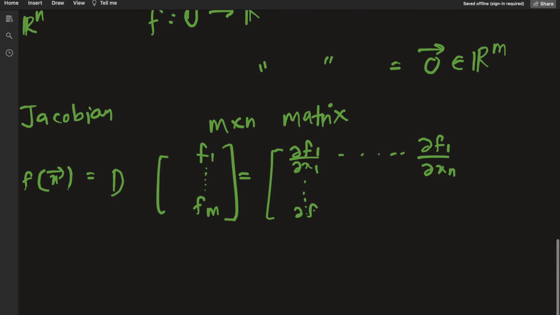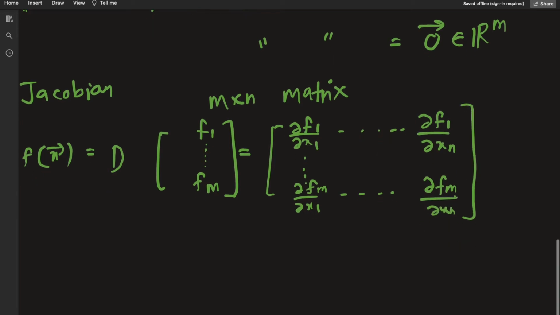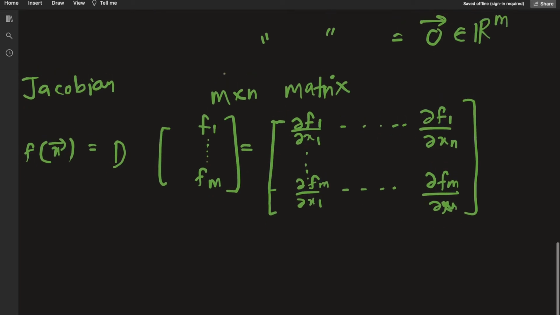So partial fm with respect to x1, partial fm with respect to xn, and this will make it an m by n matrix.